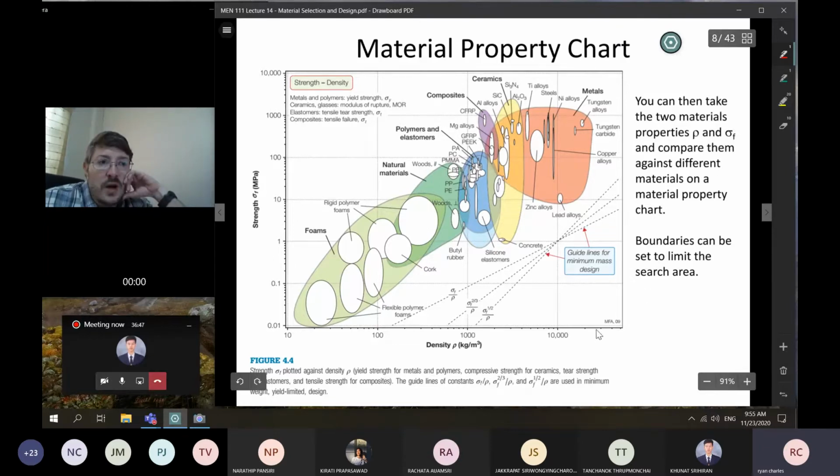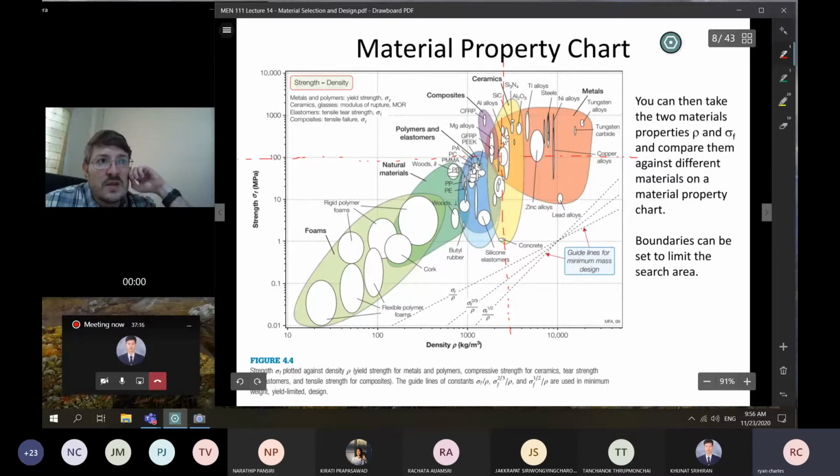So maybe we don't want a density greater than 3,000, and so we could draw a line. And we don't want a strength lower than 100 MPa, and so we would be looking in this region. And we see there are some metals in here. We see magnesium alloys.